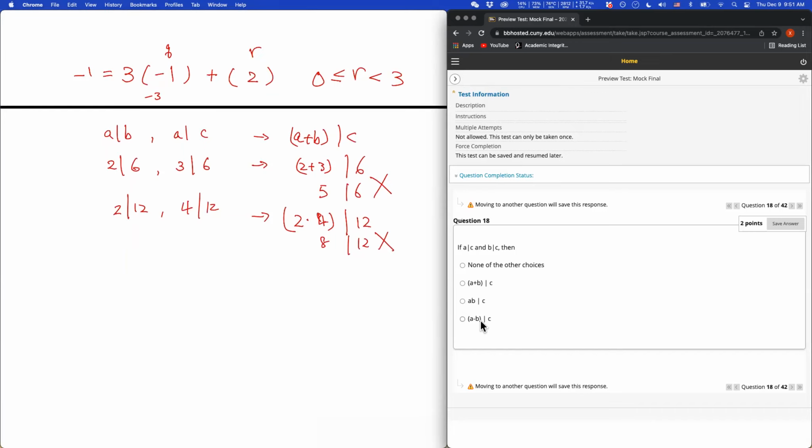And then we want to check their difference.